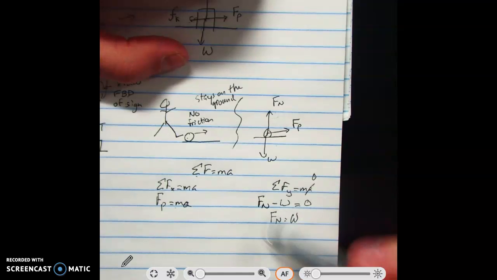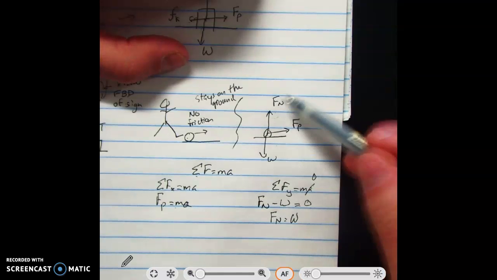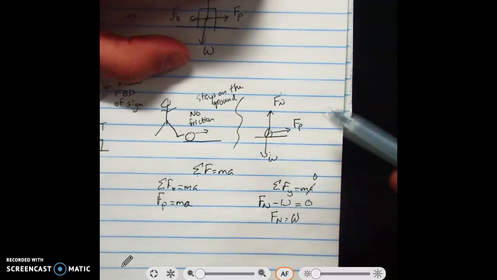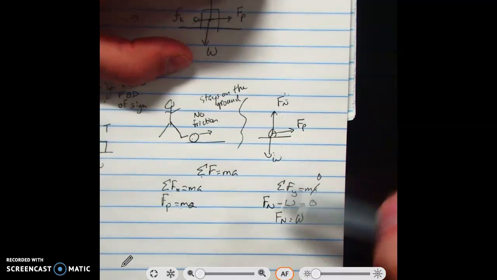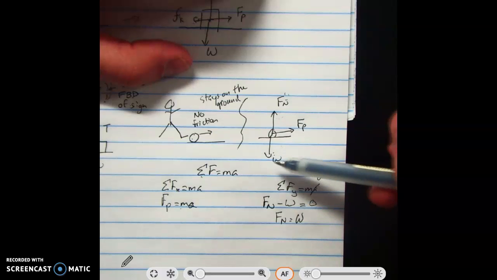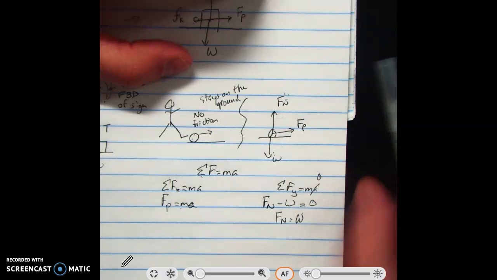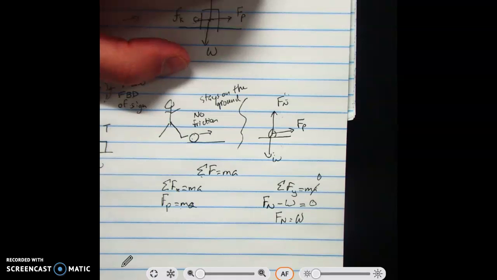Now, all this means is that these two forces are equal but opposite. Think about this. Your weight and your force normal are Newton's third law. Remember, Newton's third law states for every action, there's an equal but opposite reaction.